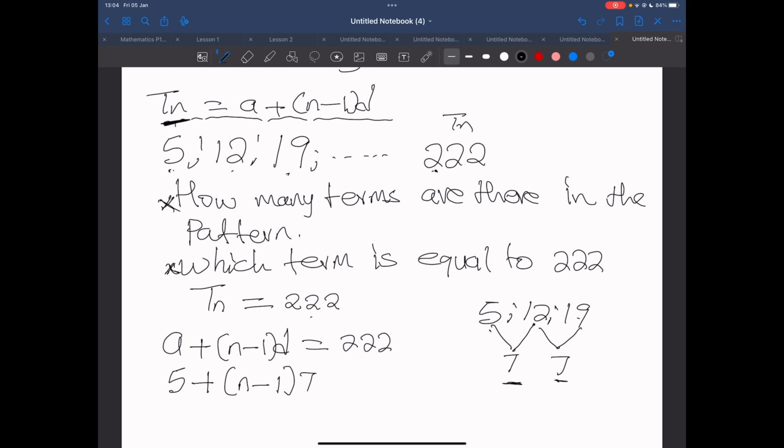So we put it there and then we start calculating. So this is 222.